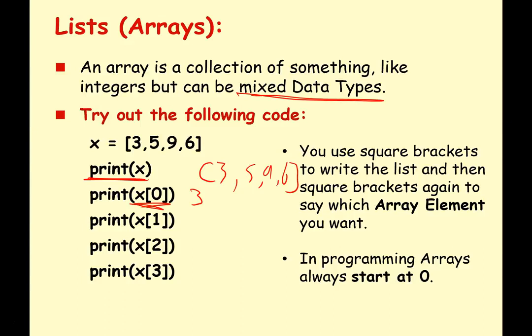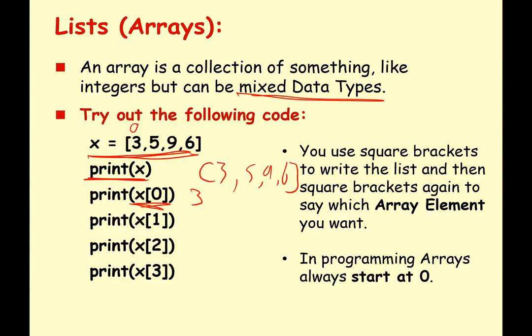When we give a number here, like 0, 1, 2, 3, that's saying what the index position in the list is that we want to print. And it starts at 0 because computers normally start counting at 0, not 1. If we have a look at this list, we see the index position of the elements in our list.